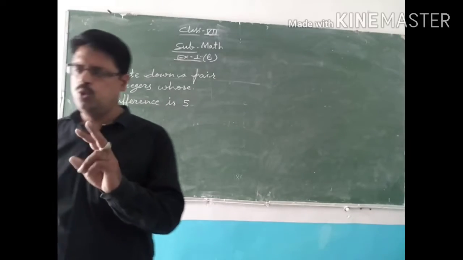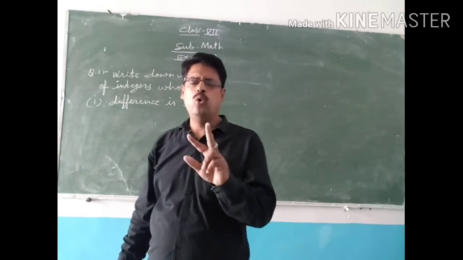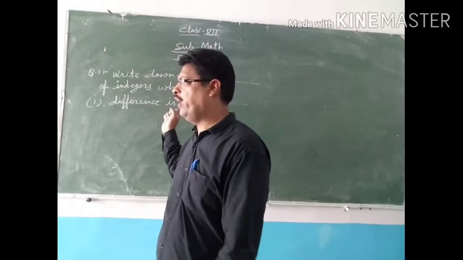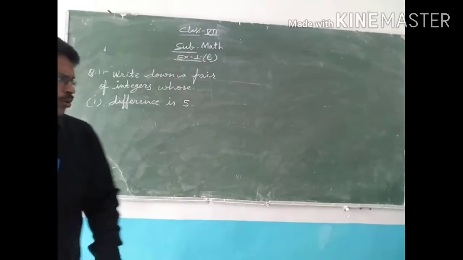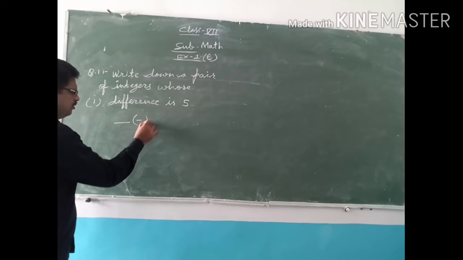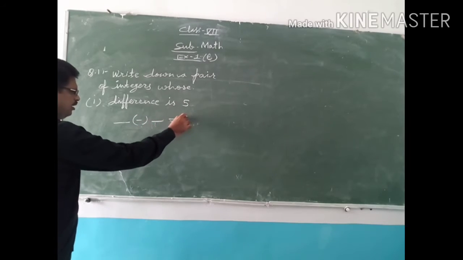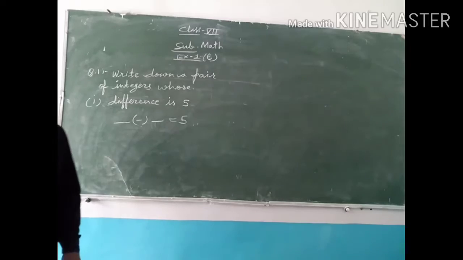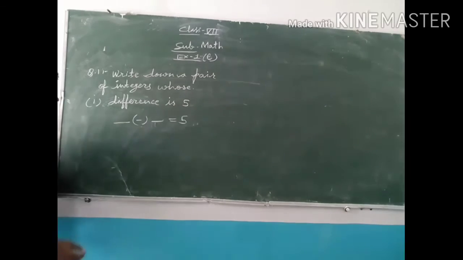Means we have to choose two integers whose difference is 5. Understood? So two integers whose difference, means minus these two integers, and our answer should come 5. Any integers you can take.